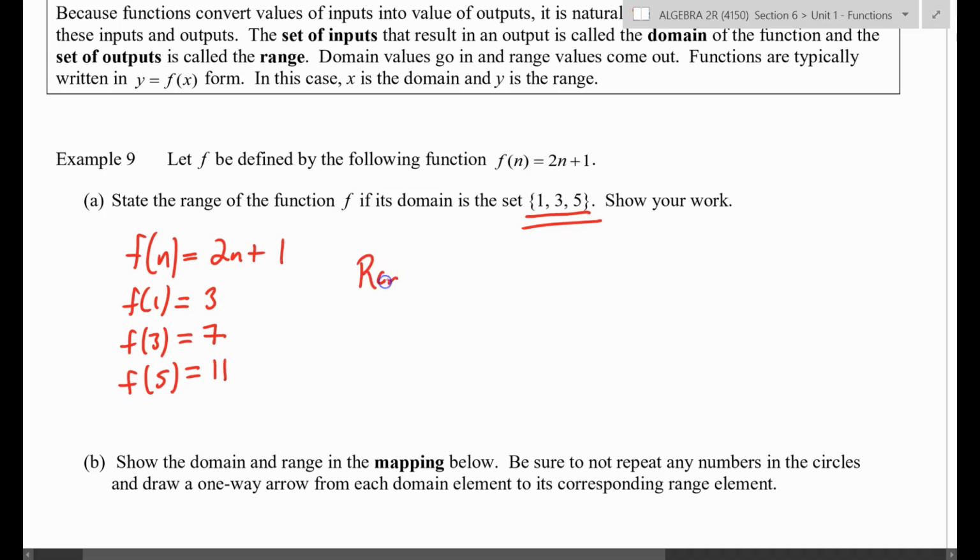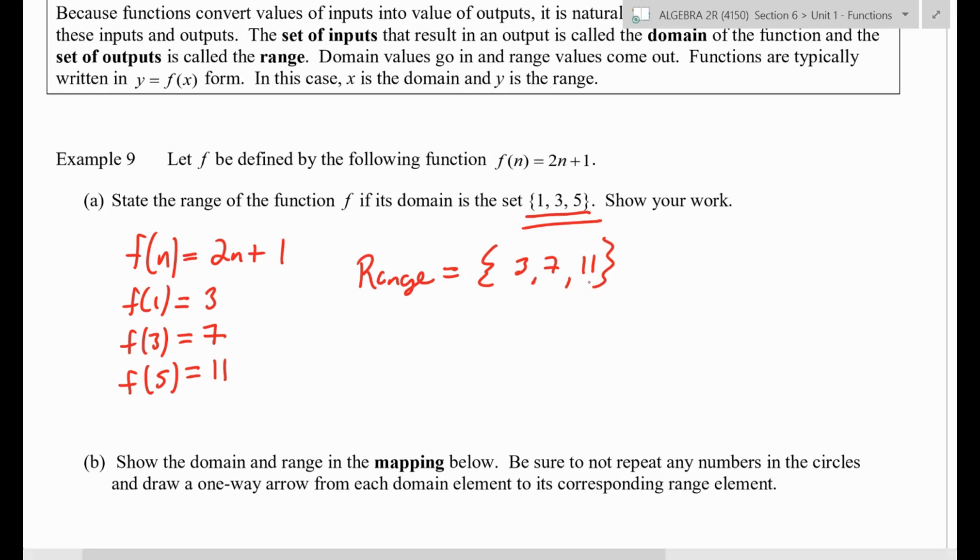So the range is equal to, okay, this is one way to do it. Now, when I say one way to do it, I gave you a set of numbers, didn't I? What is the definition of a set of numbers?